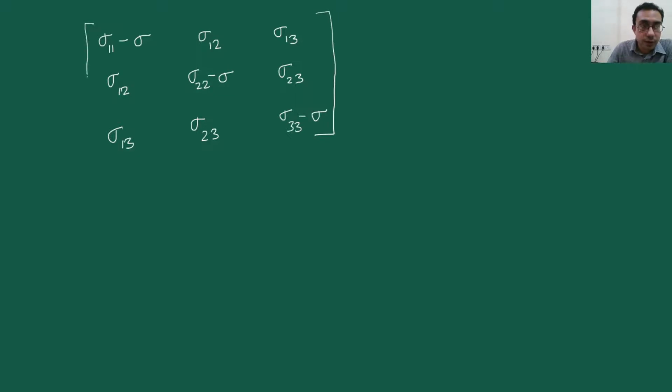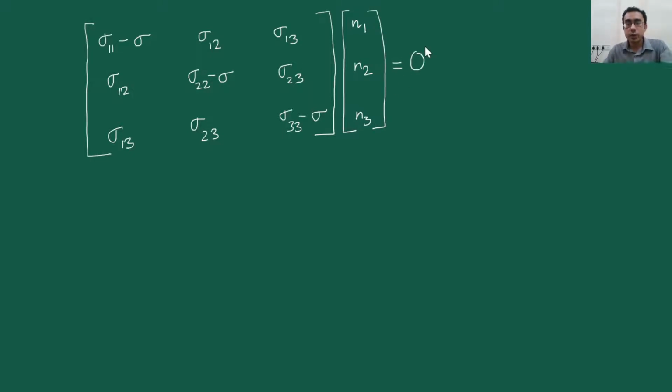This is written as a 3 by 3 matrix, and that is multiplied with n1, n2, n3, and that is equal to the 0 column vector. So we can write this as 0 0 0.